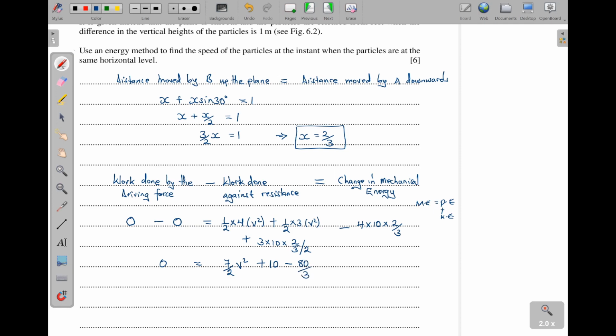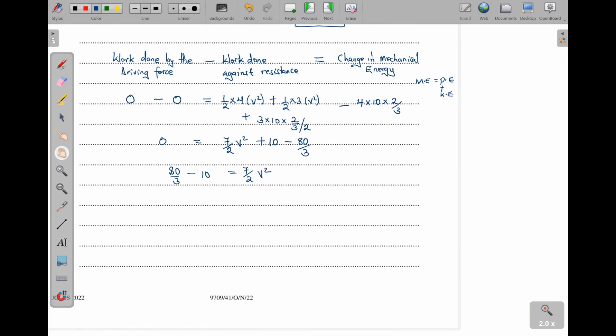Then I can take these ones this side. What is negative becomes a positive, and what is a positive becomes a negative. So we shall have 80 over 3, then minus the 10, equal to 7 over 2 v squared. So simplified, I can say 3 times 10, that is 30, and then 80 minus that 30, we get 50. So this will be 50 over 3, which is equal to 7 over 2 v squared.